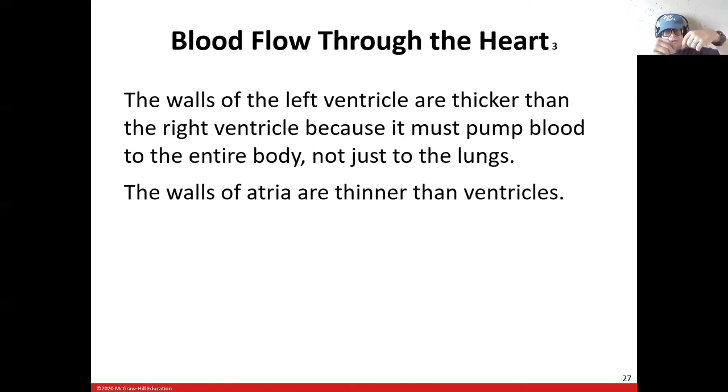But the left one has a huge thick wall, because when the left ventricle contracts, you're sending blood up to the head and out to the arms, tip of the fingers, all the way back down to the toes. All that flow for the whole body is the left side. Okay, so the thicker the wall, the more work it does. And that means the atria are fairly thin, the ventricles a little thicker, but the left ventricle much thicker.